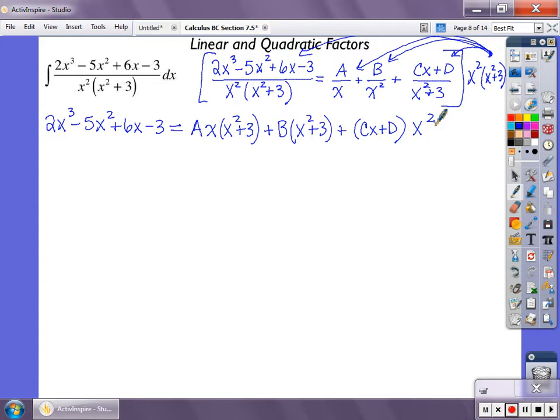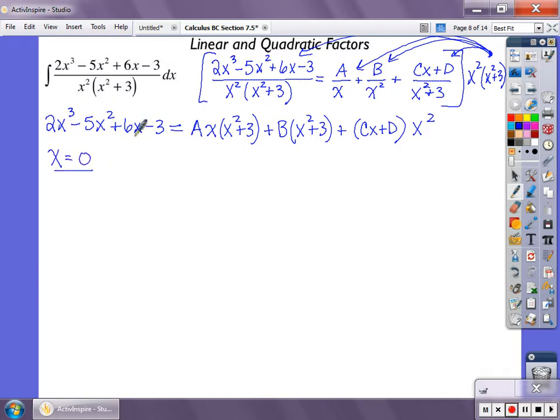Now we're going to pick convenient values for x. And really, I only see one. This never equals 0, so the only convenient value we have for x is x equals 0. So we write x equals 0.